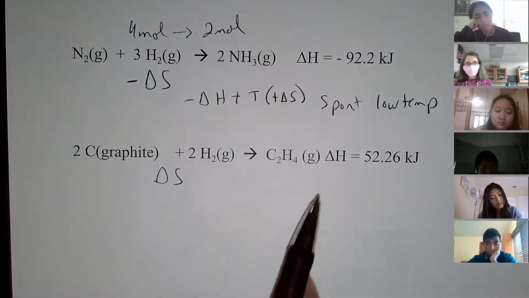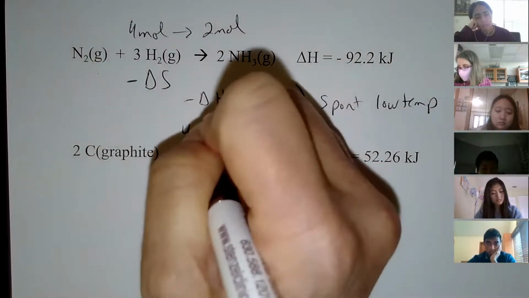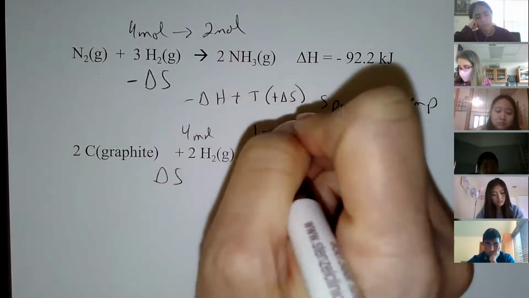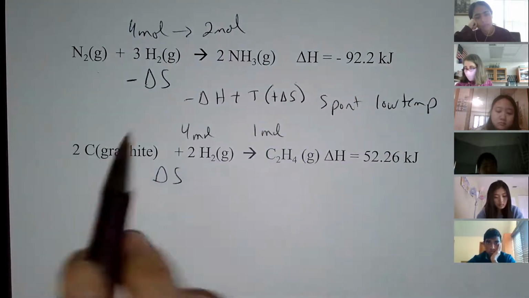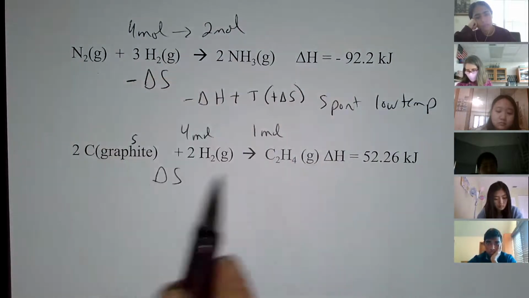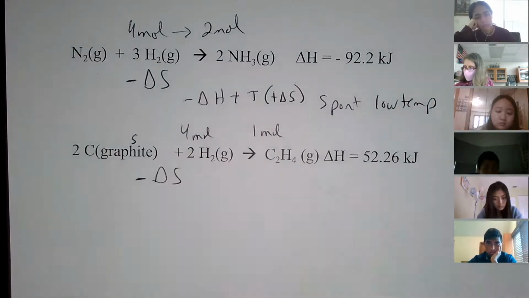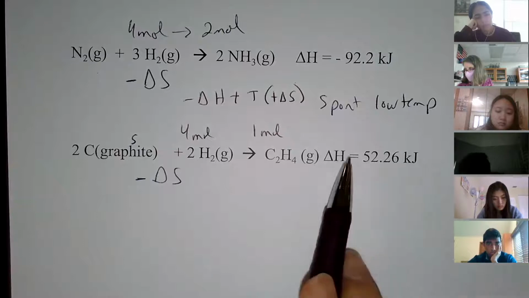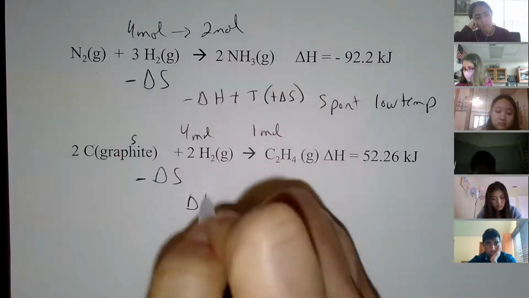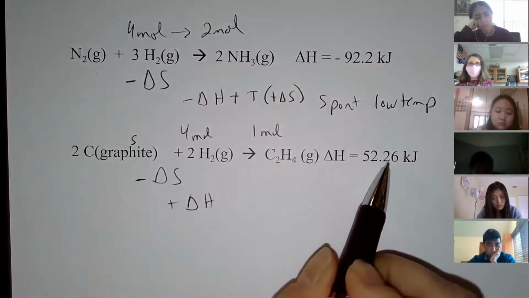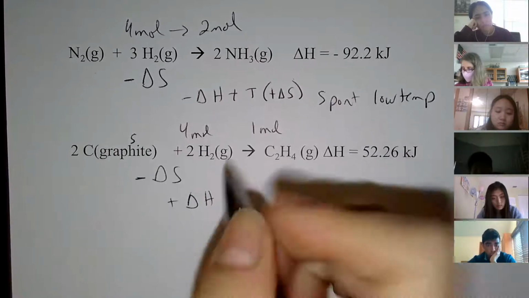Well, in the second example, I'm going from 4 moles to 1 mole. This happens to be a solid, which doesn't really change anything. My delta S is also going to be negative, but my delta H is going to be positive. It is given as an endothermic process.